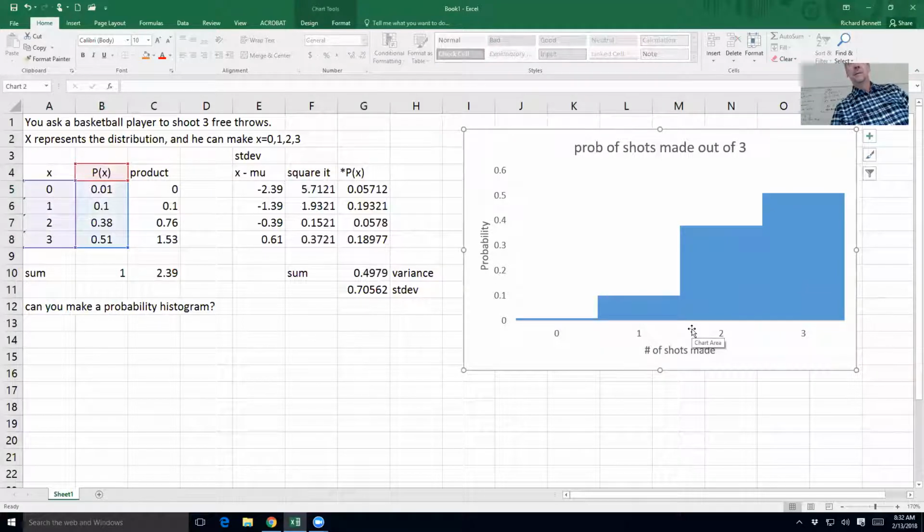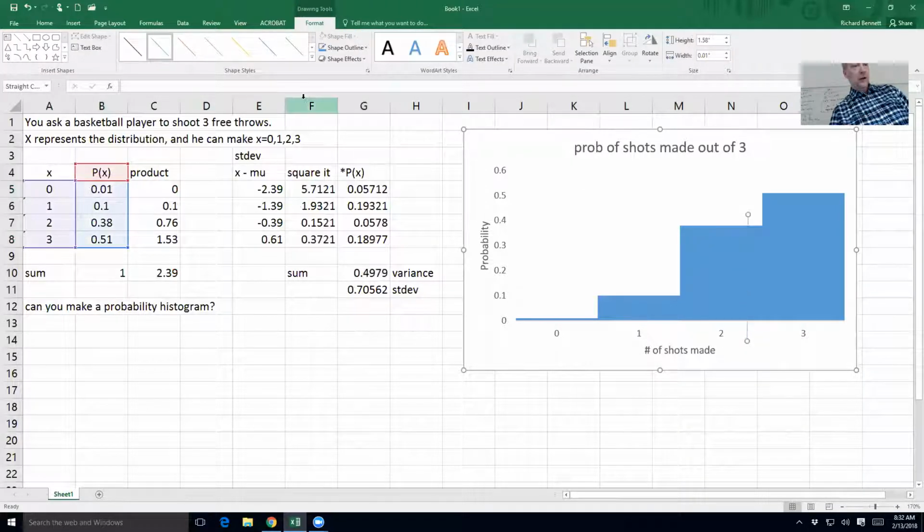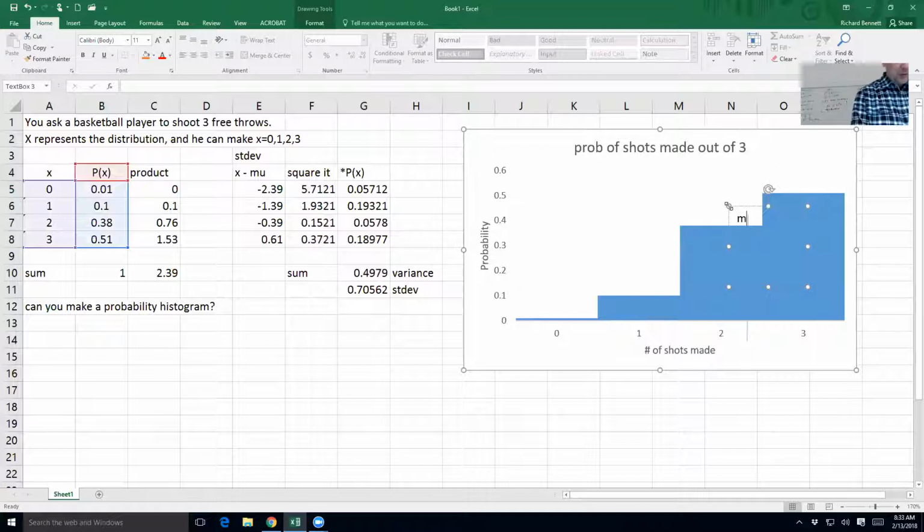You just grab a line. You just grab a line, insert, shape, line. So 2 is there. That's probably about 2.5, right? So I'll say about right there. And then if I added some text here, like a text box, I could add mu equals 2.39.